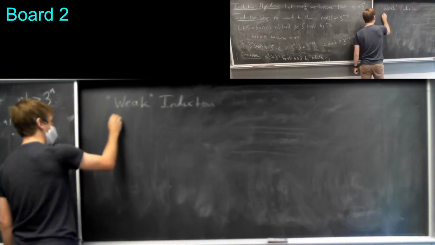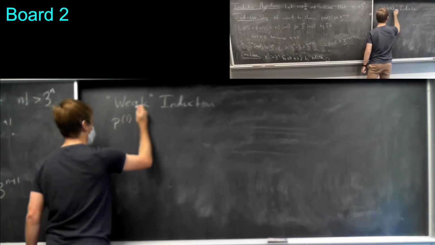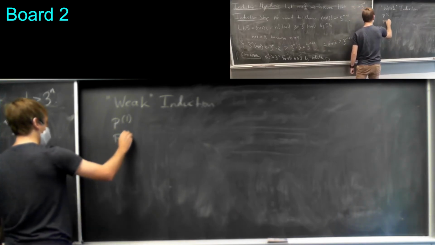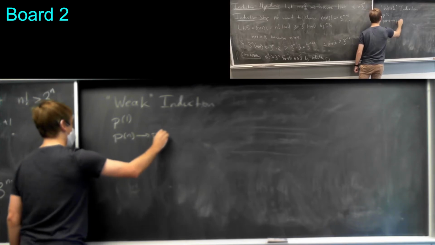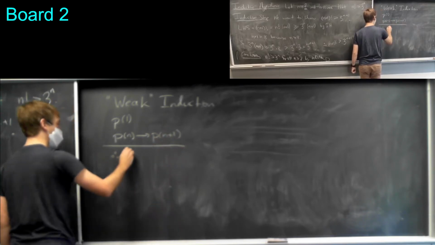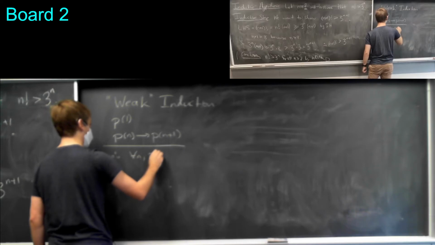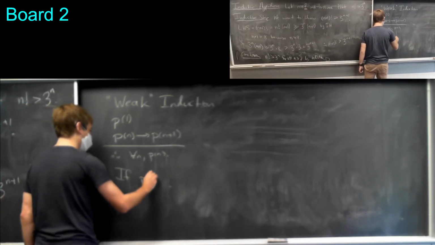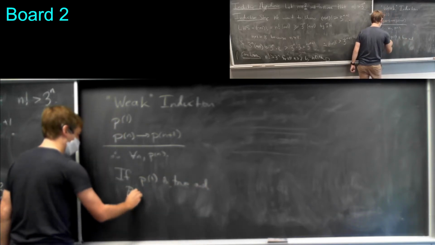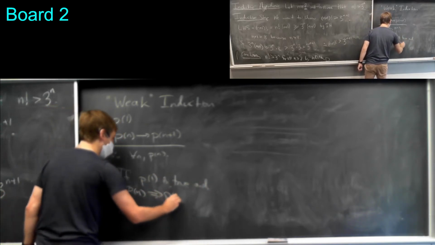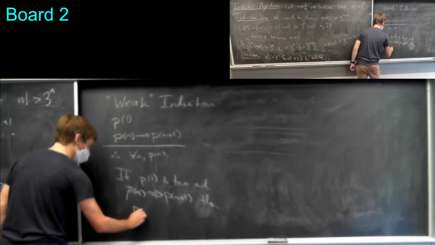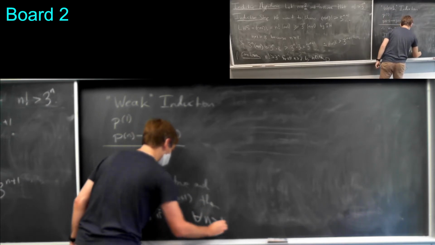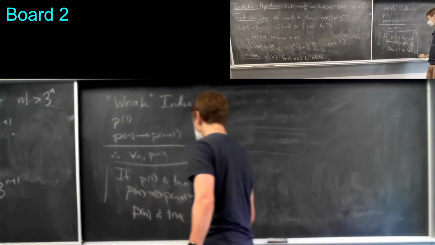The idea was that if P1 is true and Pn logically implies Pn plus 1, then Pn is true for all n at least 1. This was how we wrote it before.